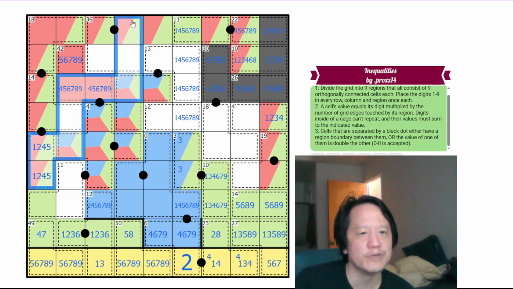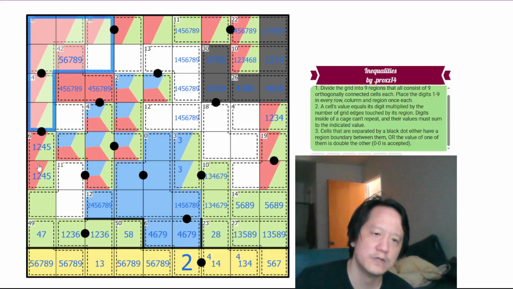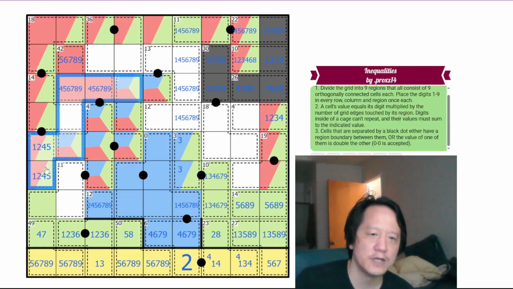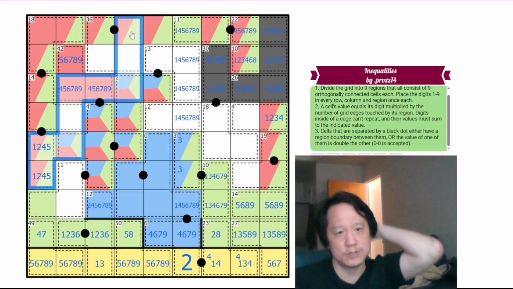And that would not be valid. Okay, so that's not valid because this is 1, 2, 3, 4, 5, 6, 7, 8, 9, or 7, 8 only cells. So again, we can't go twice through the 4 cage for the doubled value. And we can go only once here. And this is 1, 2, 3, 4, 5, 6, 7, 8, 9. And that's too small of a region.